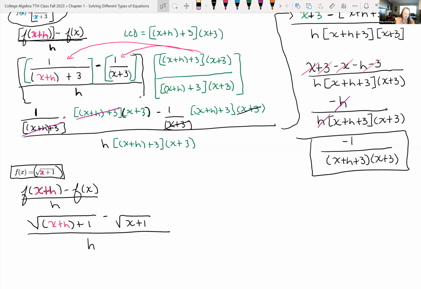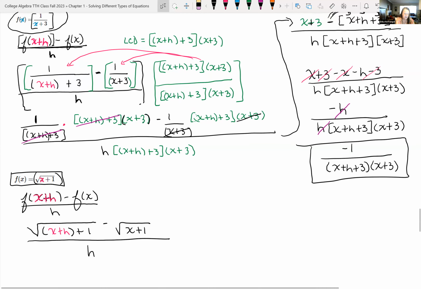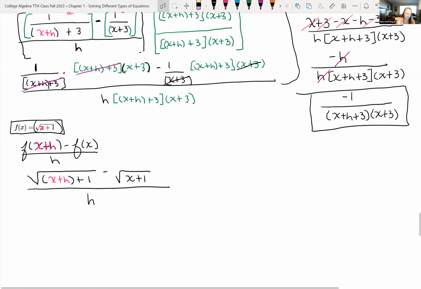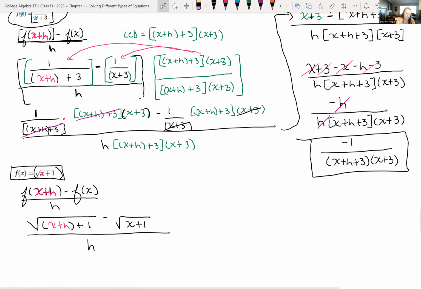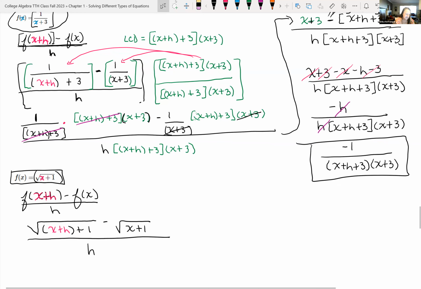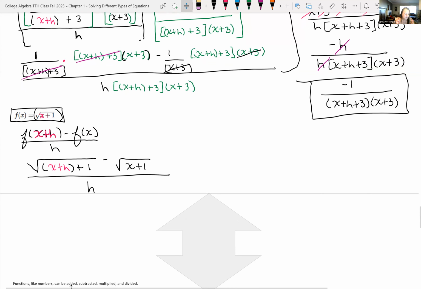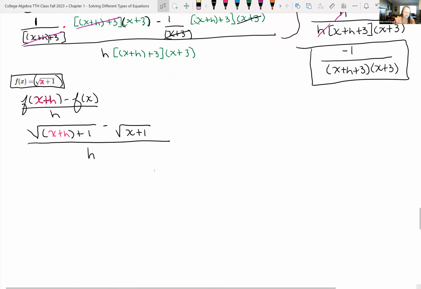So looking at what we have, we can't simplify. But a trick in this case is to get rid of the radicals. And to get rid of the radicals, we're going to want to multiply by the least common denominator.